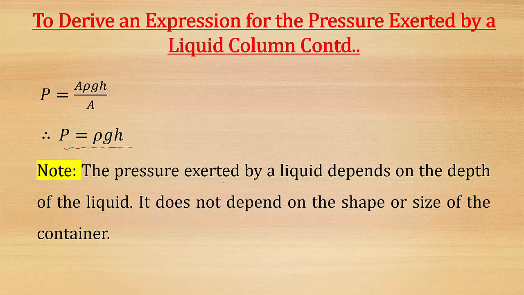Note point: the pressure exerted by a liquid depends on the depth of the liquid. It does not depend on the shape or size of the container. Remember, pressure exerted by the liquid always depends only on the height or depth of the liquid, but it never depends on the size or shape of the container.